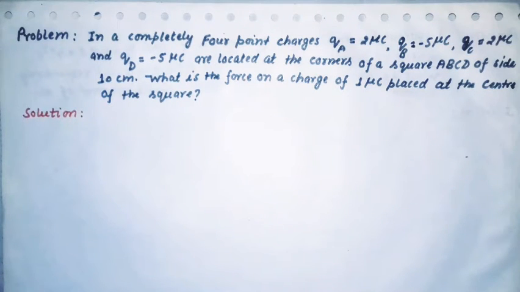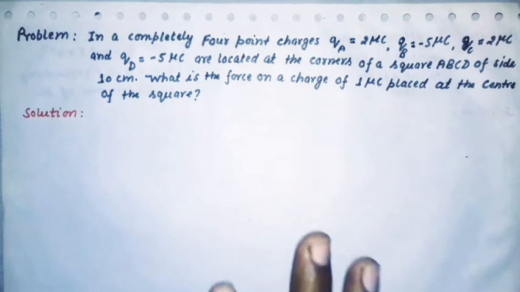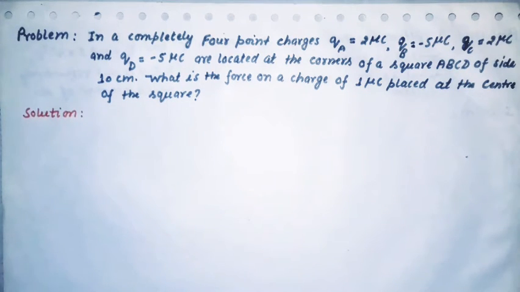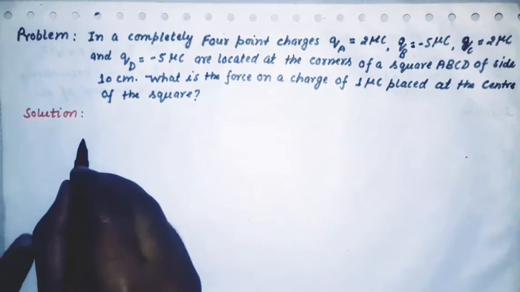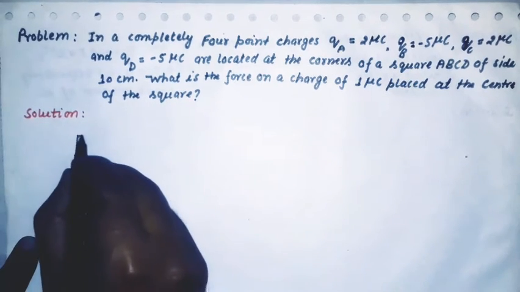Now another problem: four point charges QA, QB, QC and QD, which have some values, are located at the corners of a square ABCD of side 10 centimeter. So first we have to draw this problem.